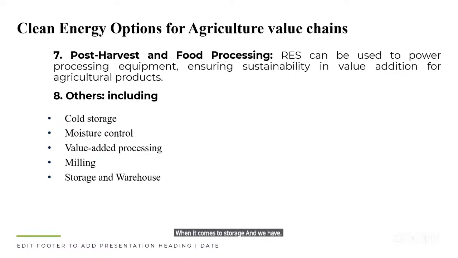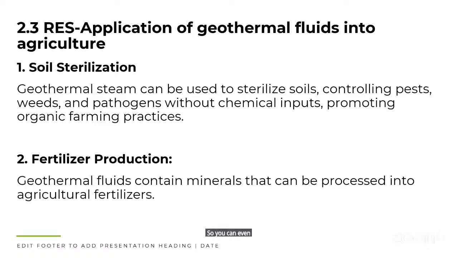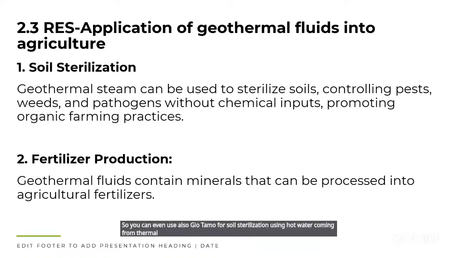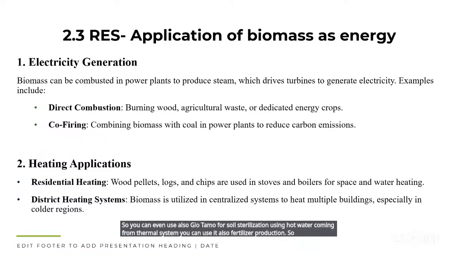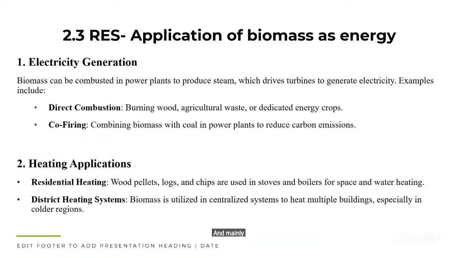So you can even use geothermal for soil sterilization, or using hot water coming from a geothermal system you can use it also for fertilizer production. So we can use it in a number of things, and mainly when you want to produce electricity on farm, for generation of electricity, you can use those systems.